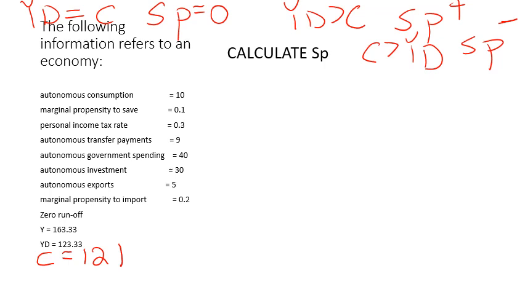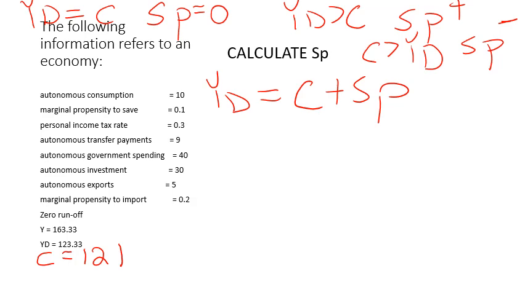Okay, so let's get to the calculation. All right, and let's start with this equation here. Disposable income can be consumed and/or saved.